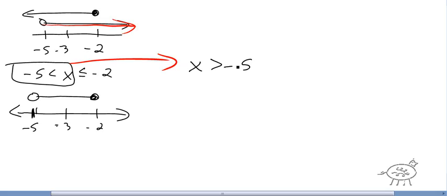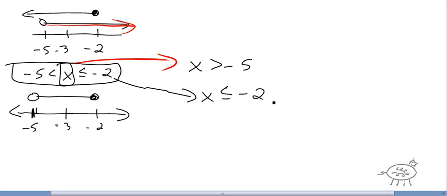Because whenever you solve it, you have x's on the left hand side. So it's saying x is greater than -5, and this part right here is saying x is less than or equal to negative 2. And that's exactly what we graphed in the original problem here. Okay? So let's try another one.